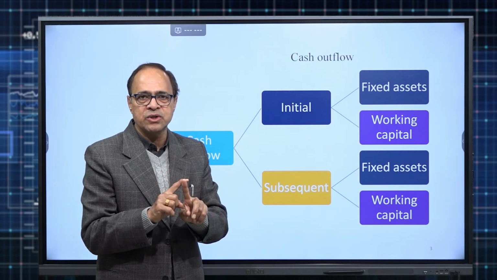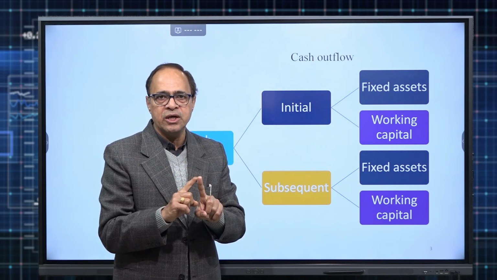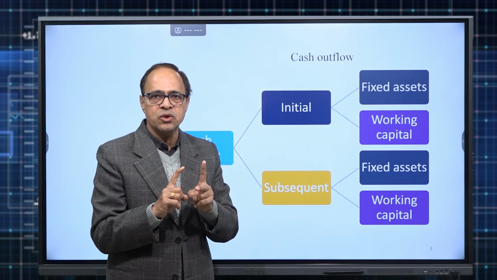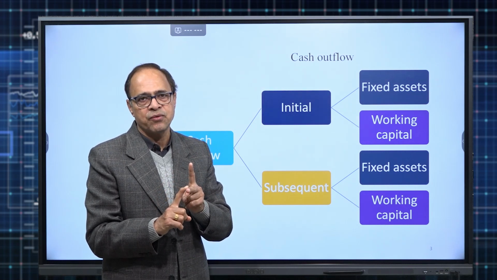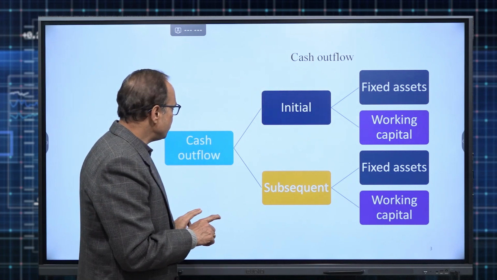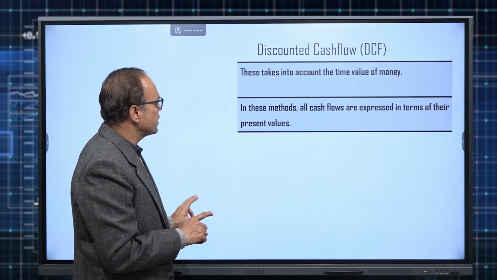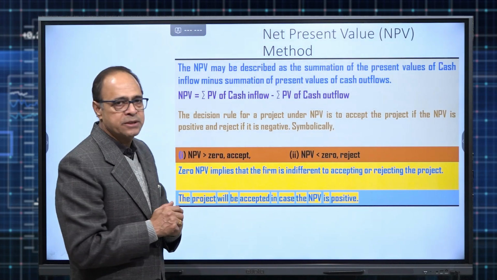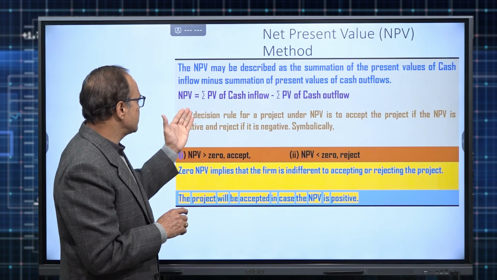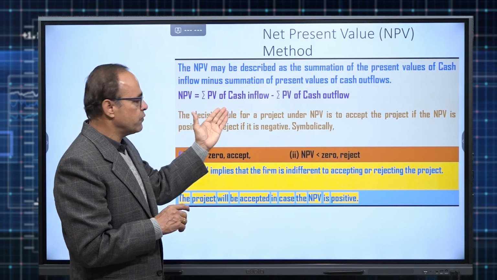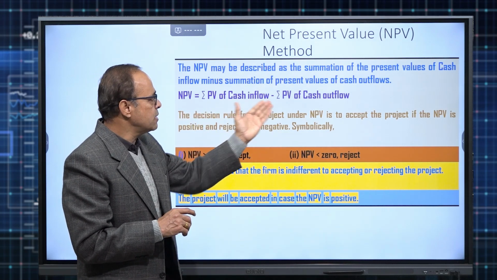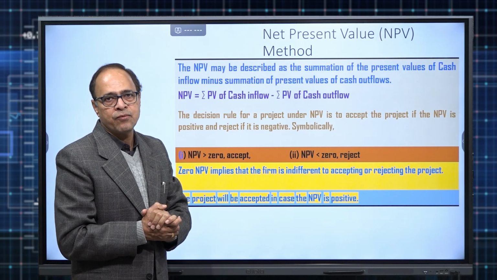So you have two results with you: the sum total of present value of cash inflow and the sum total of present value of cash outflow. Once we have taken these two steps, we will go further in calculating net present value. Net present value is simply the sum total of PV of cash inflow minus the sum total of PV of cash outflow.